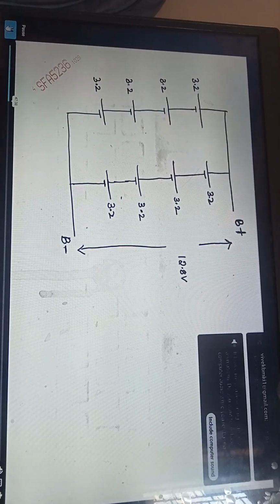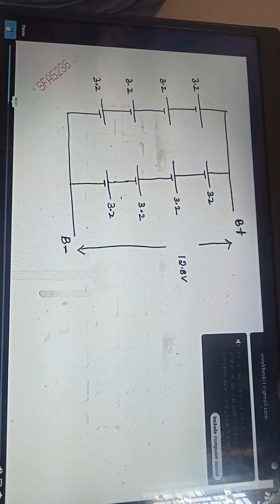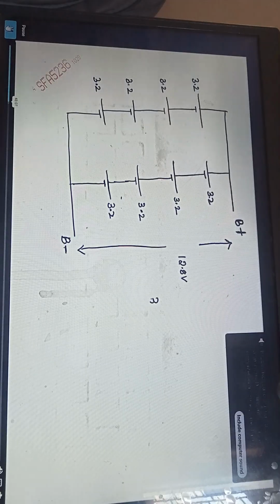We do a process called sorting and grading, okay? We ensure that out of 100 cells, we see which cells are very close in their internal resistance and very close to their nominal voltage. For example, one cell will be 3.2119, another cell 3.2118, another cell 3.2117.